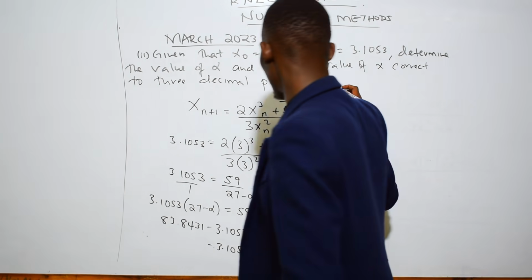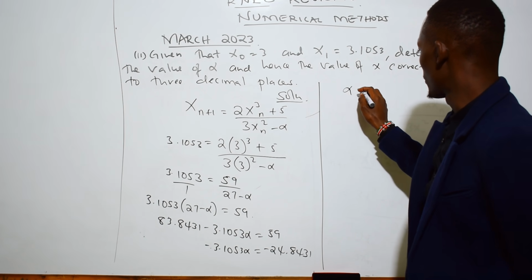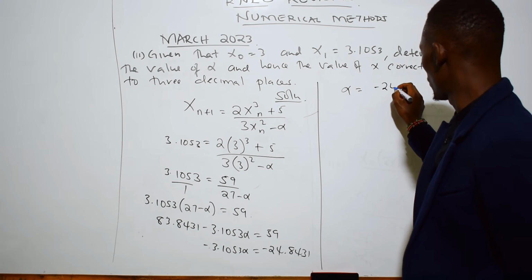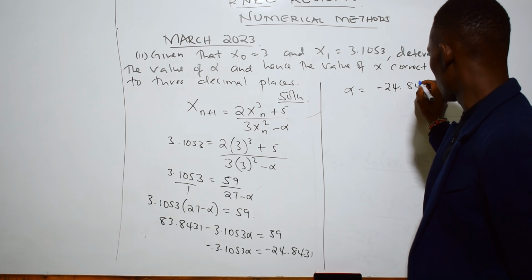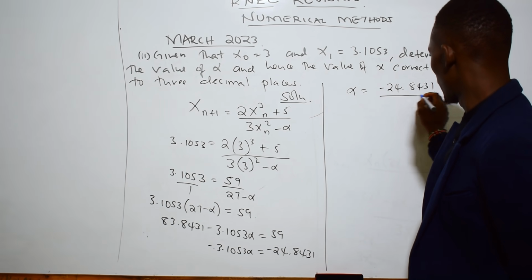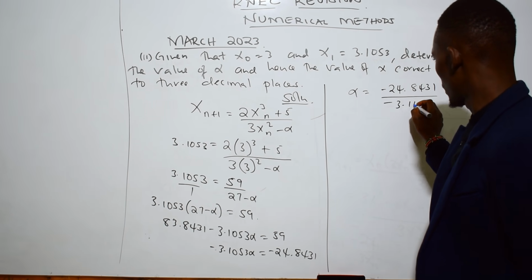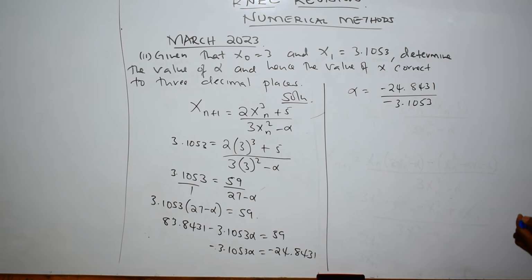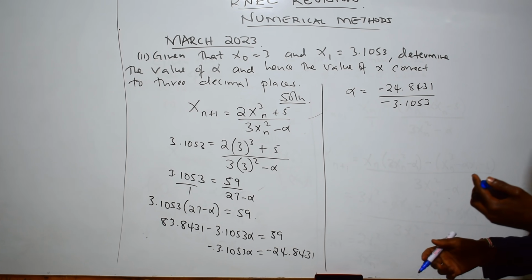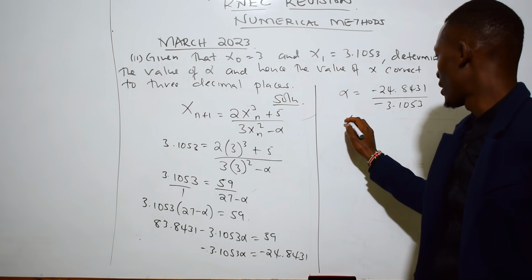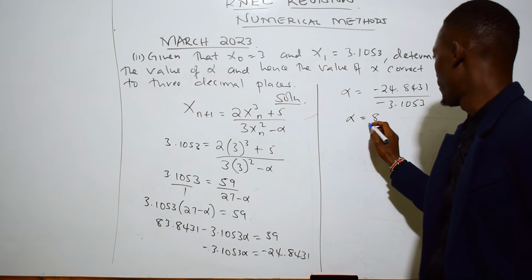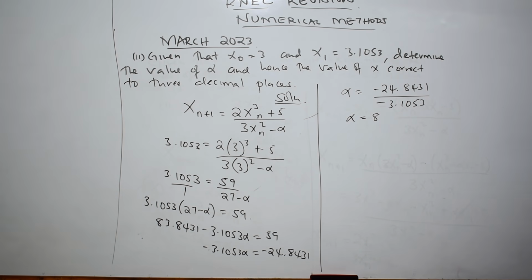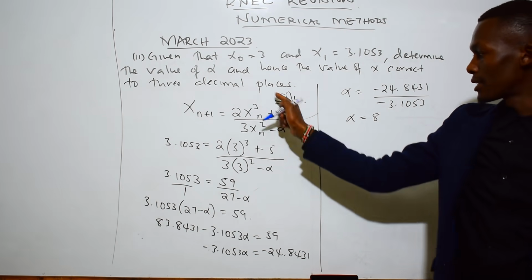So our value of alpha is given by negative 24.8431 divided by negative 3.1053, and that gives us our value as 8.000. So our value alpha will be given by 8.